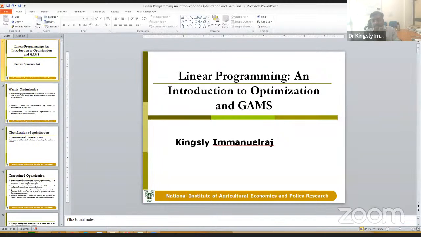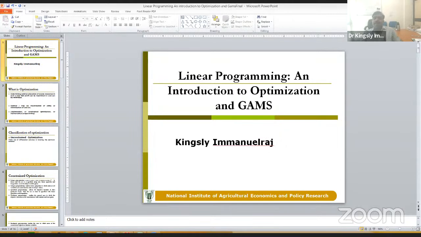Now I'm telling you the answer: our objective is maximizing net revenue. That's what I'm interested in. The farmer has 100 hectares of land and 500 days of family labor. He can produce 3 Kharif crops. A farmer's interest is maximizing his revenue.